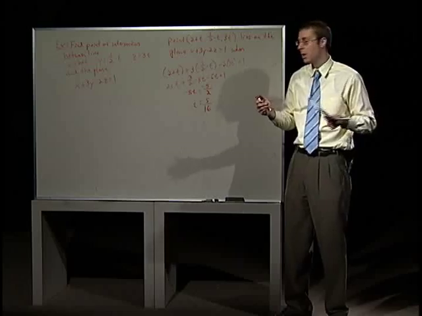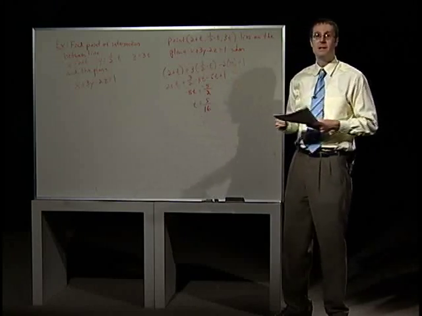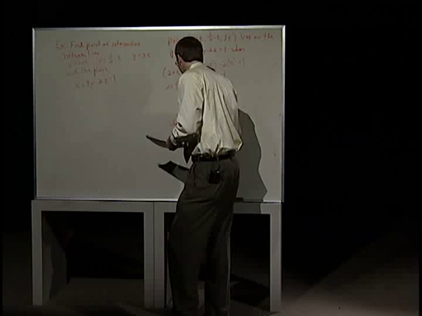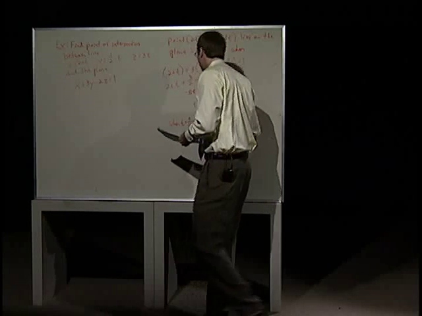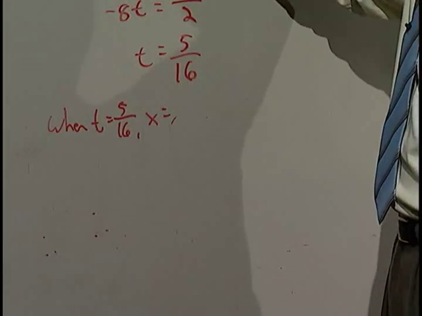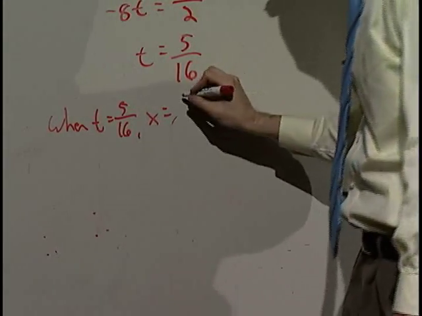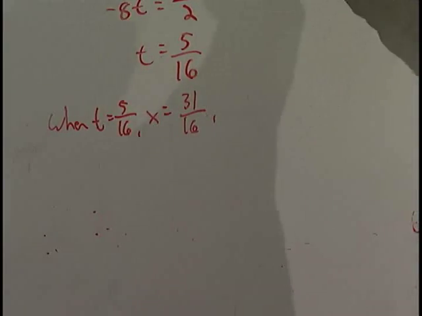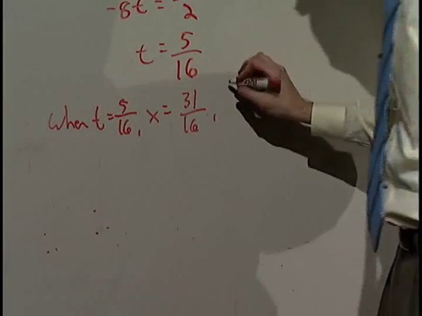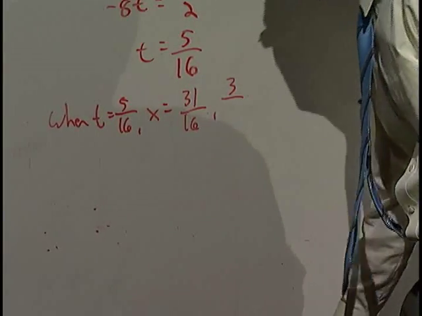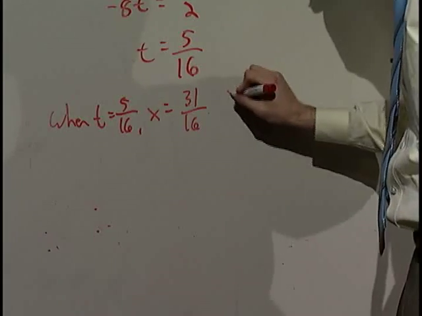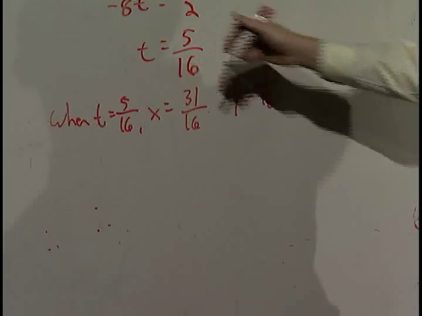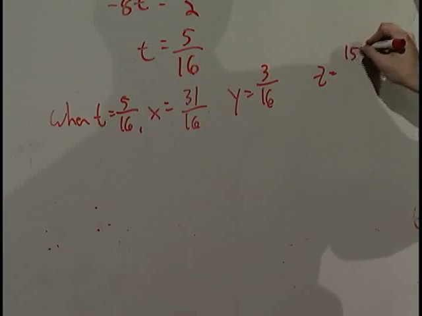The point itself, though, we've got to plug this back into the linear equation. So when t equals 5/16, x is equal to, what is this here? This is 32/16 plus 5/16 is 37/16. 1/2, that's 8/16 minus 5/16 is 3/16. That's y. Y is equal to 3/16. And 3 times 5/16 is 15/16.